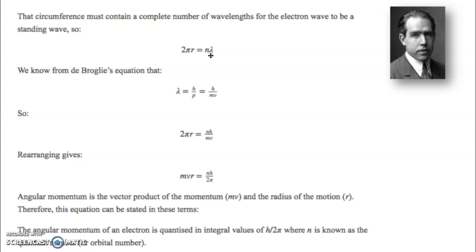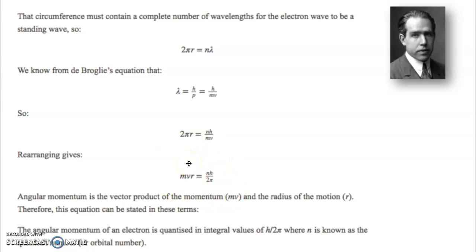All right, let's see if we can keep it together. We know from the de Broglie equation that lambda is Planck's constant over the momentum, right? Got that? Now, if we rearrange, 2 pi r equals the number of complete wavelengths, n, times h, Planck's constant, over momentum. So this gives us a general equation which looks like this.